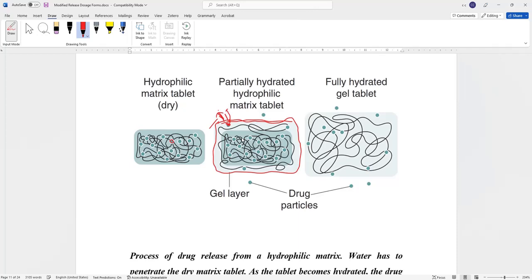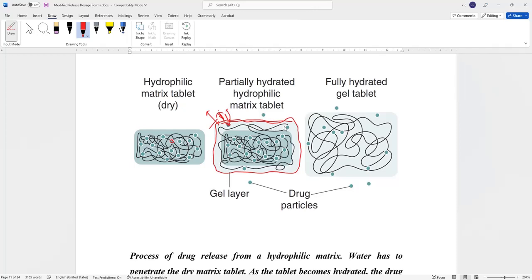Okay, how do I control the release, make it faster or slower? By, first, the type of matrix, meaning HPMC or something else. Second, by the concentration of the matrix.